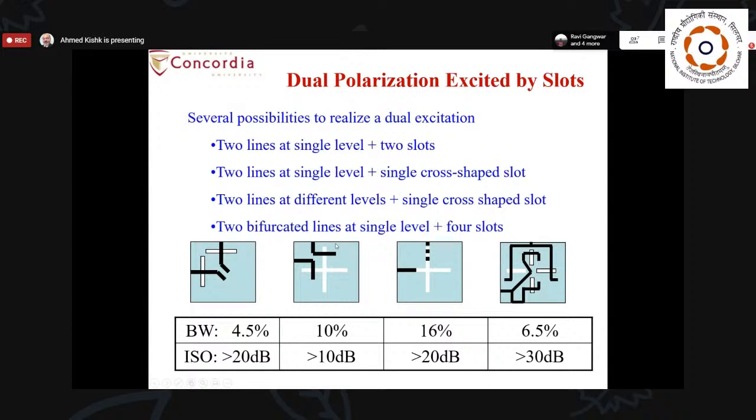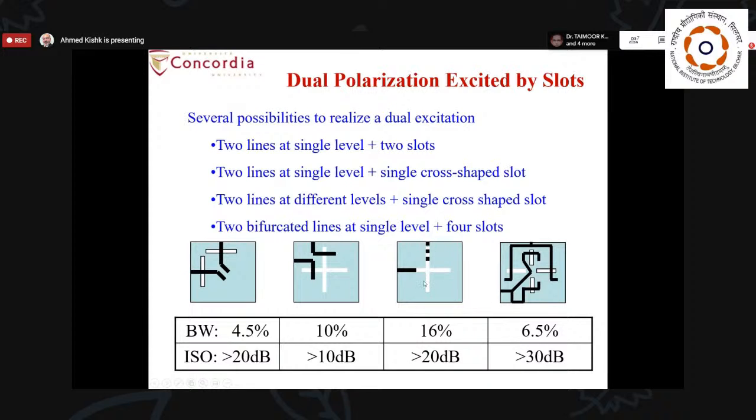And we have to know that sometimes the excitation itself could be the source of the coupling. Like this line and this line are very close, and also here are very close, causing some direct coupling from the feeding network itself. And here, same thing.